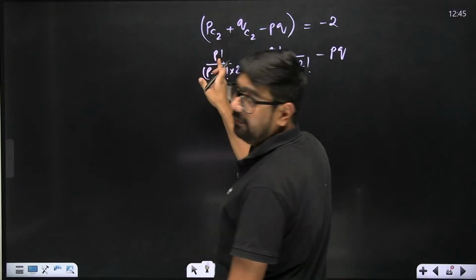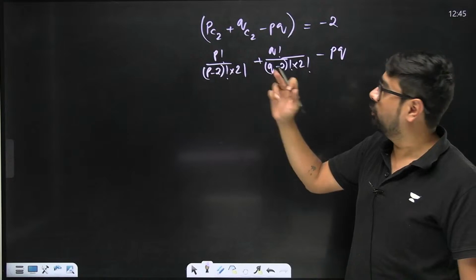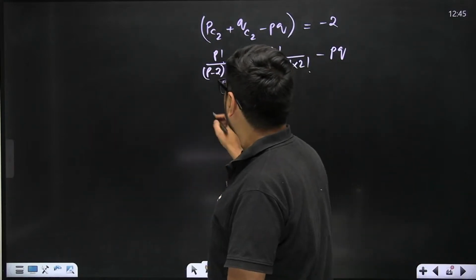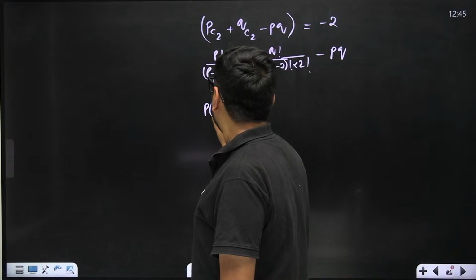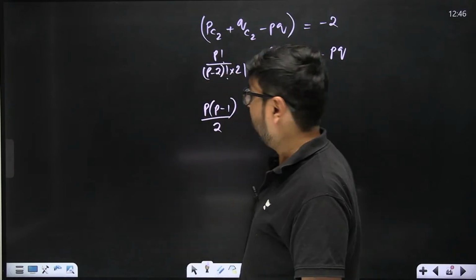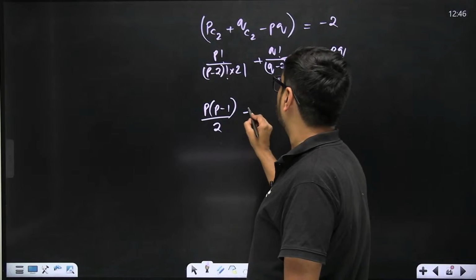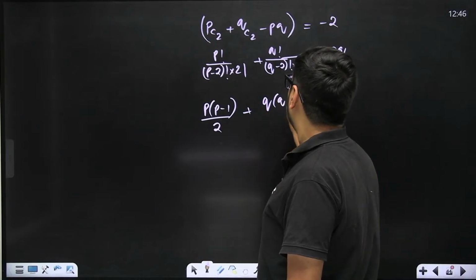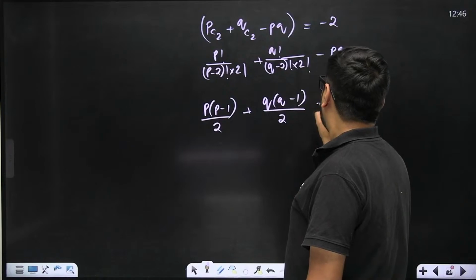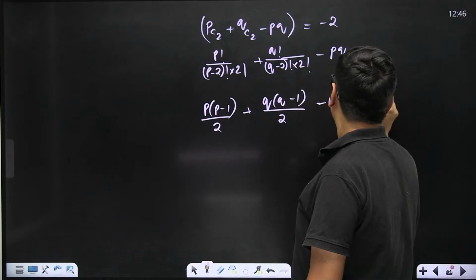Now P factorial means P into P minus 1 into P minus 2 factorial. So here what we will get, P into P minus 1 will remain on the top, divided by 2, and P minus 2 factorial got cancelled over here. Here also Q into Q minus 1 divided by 2, minus PQ is equal to minus 2.